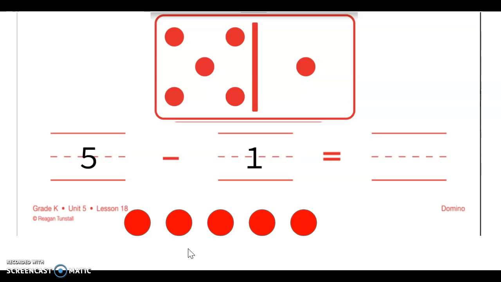Yes, I need to take away 1 because minus means to take away. So I'm taking away 1. Now, how many do I have left? Let's count. 1, 2, 3, 4. So I'm going to add my 4. Now our number sentence says, let's read it. 5 minus 1 equals 4. Good job.